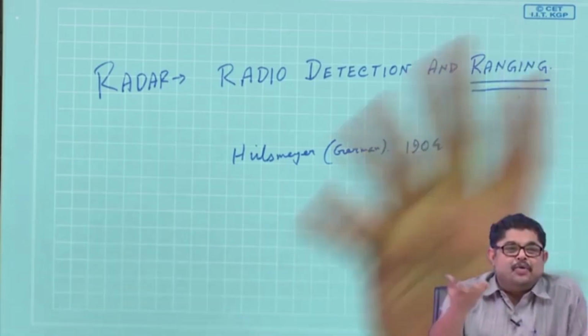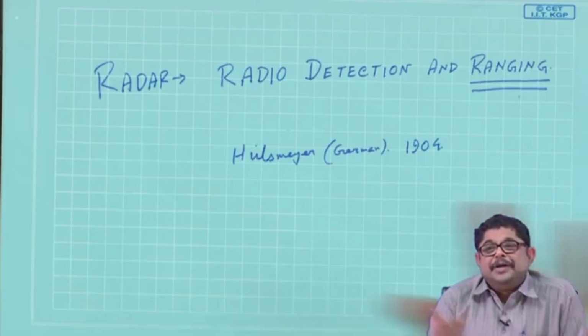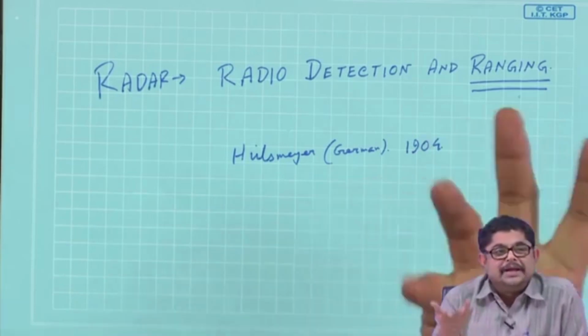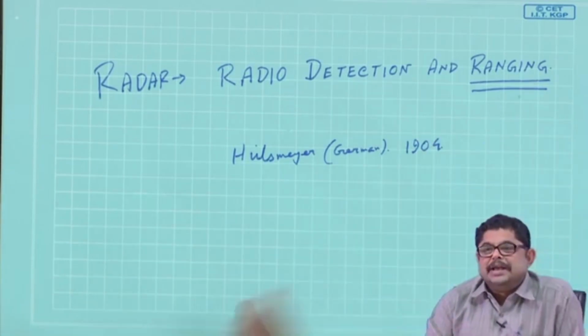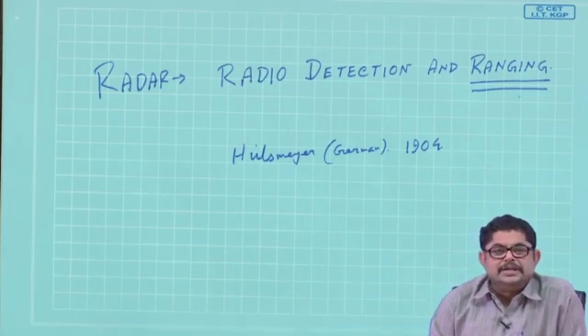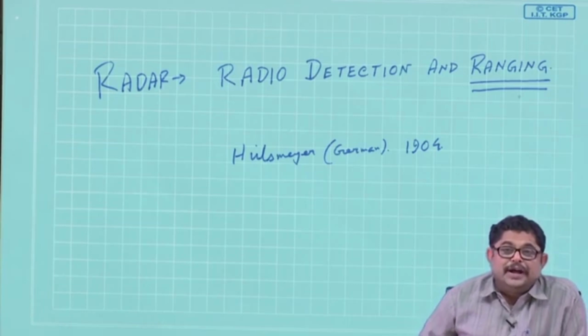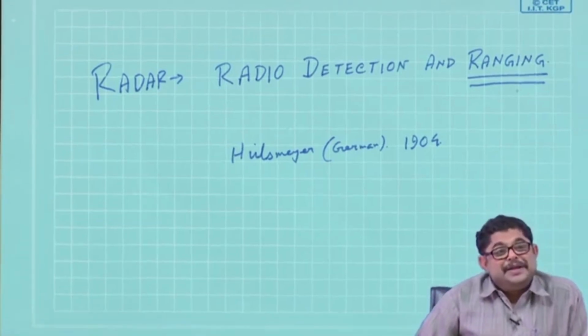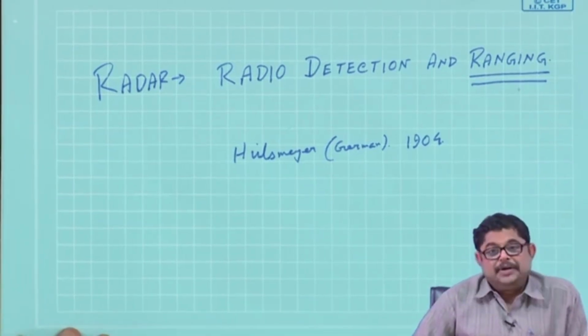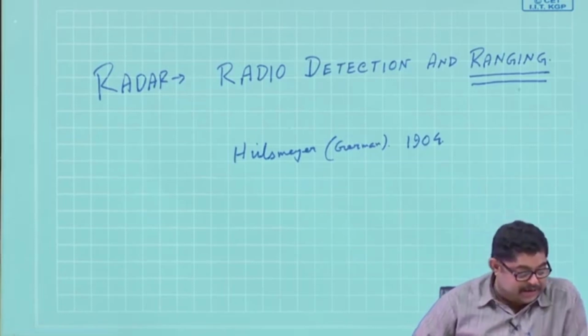They said that we can see up to 1 kilometer, so how much are we gaining? Some 2.5 times gain of range. So they discouraged him, and Germany lost the race for developing radar.